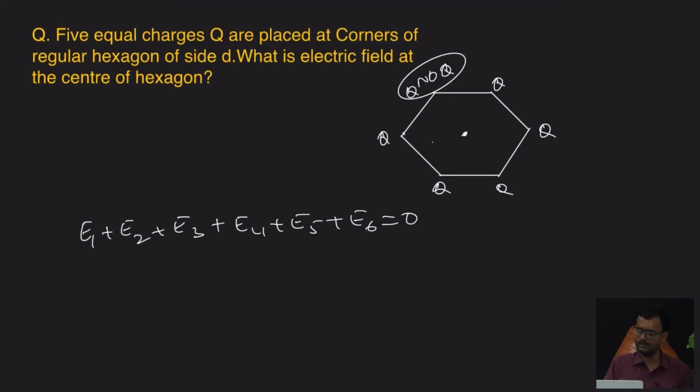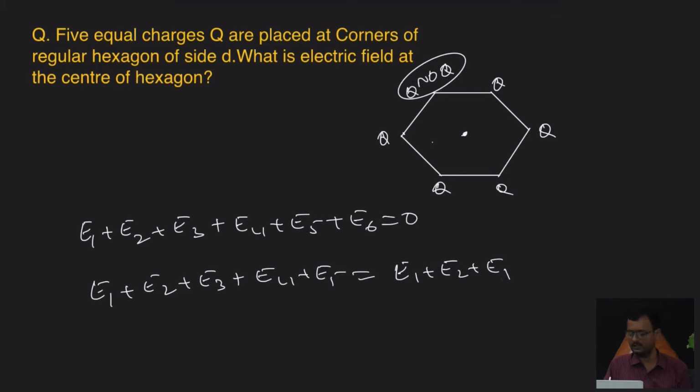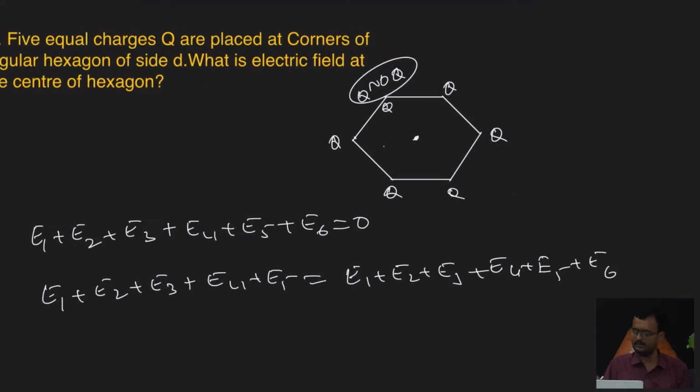So here no charge. So I write E1 plus E2 plus E3 plus E4 plus E5 is equal to how much? So I take E1 plus E2 plus E3 plus E4 plus E5, plus E6 minus E6.